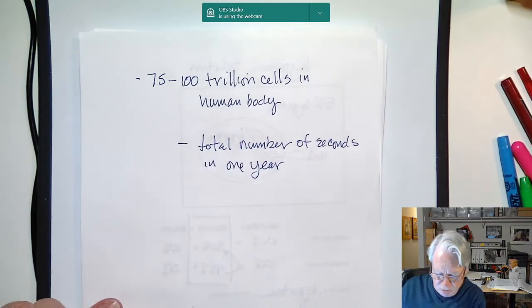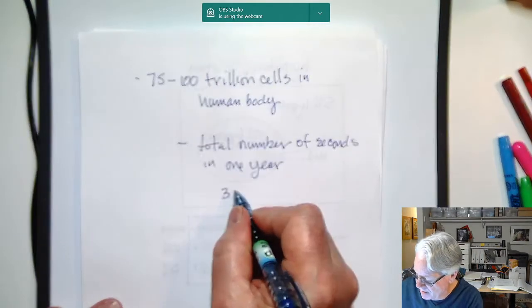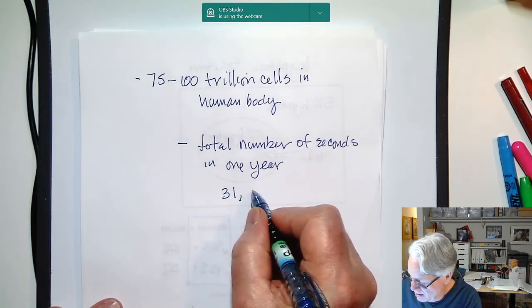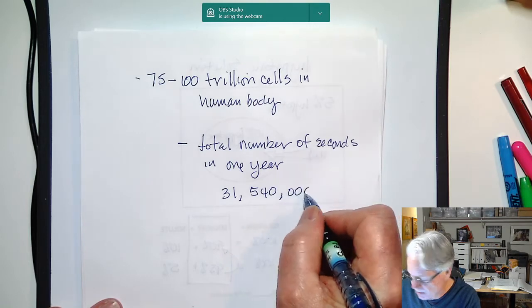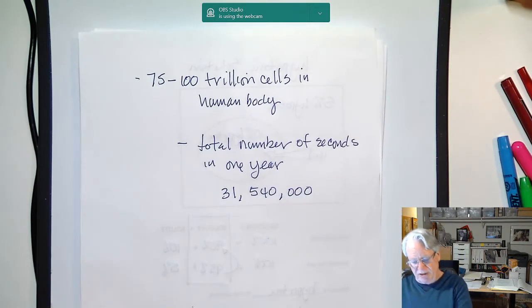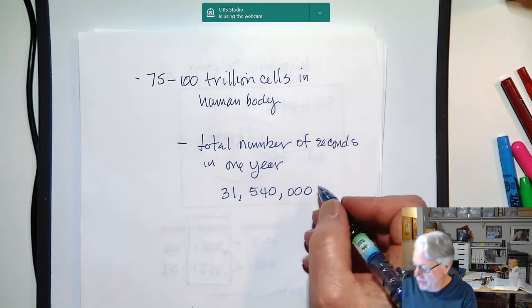Total number of seconds in 1 year, and that's this number right here, which is also a very large number, but not as large as the number we just talked about. Okay, so that's 31,540,000 seconds per year.